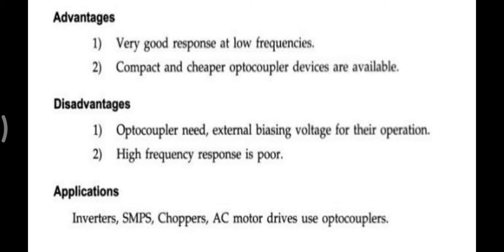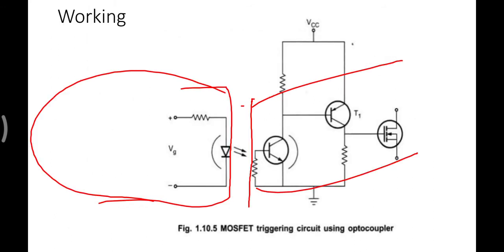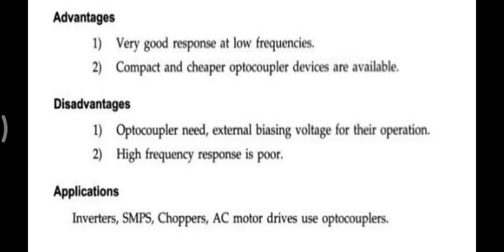Next, what are the disadvantages? The optocoupler needs an external base voltage for its operation. That means if you observe the circuit, for the LED we need some external circuit to turn it on and off.